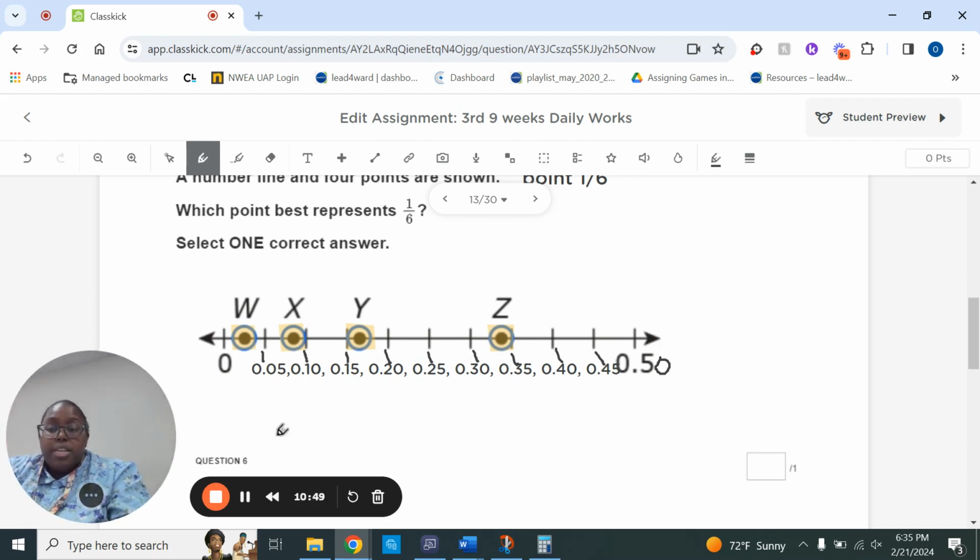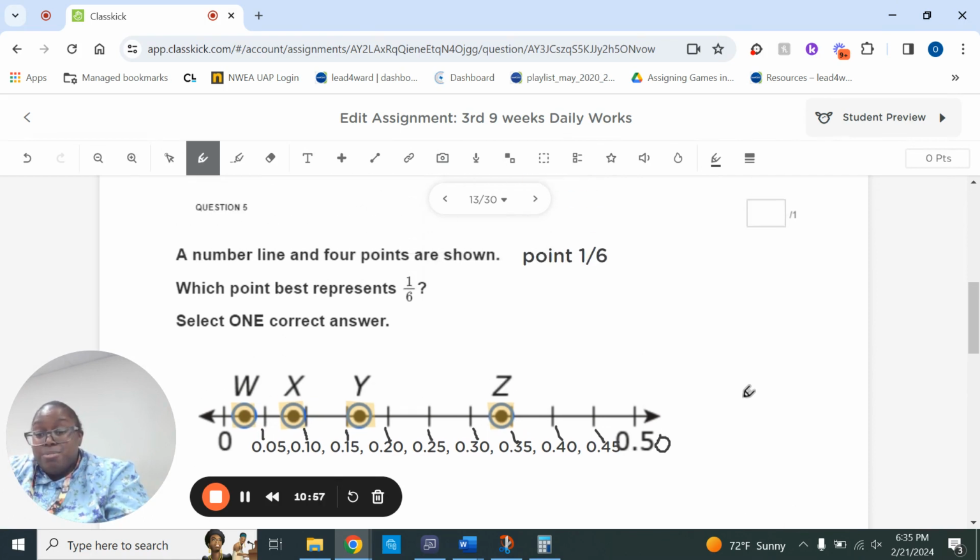Now, the one problem with this is I was given a fraction. I wasn't given a decimal. So, is there something we can do to figure out what to do? Yes, because fractions and decimals have a close relationship with each other. And if you have one, you can turn it into the other. Remember to convert. So how do we convert a fraction to a decimal?